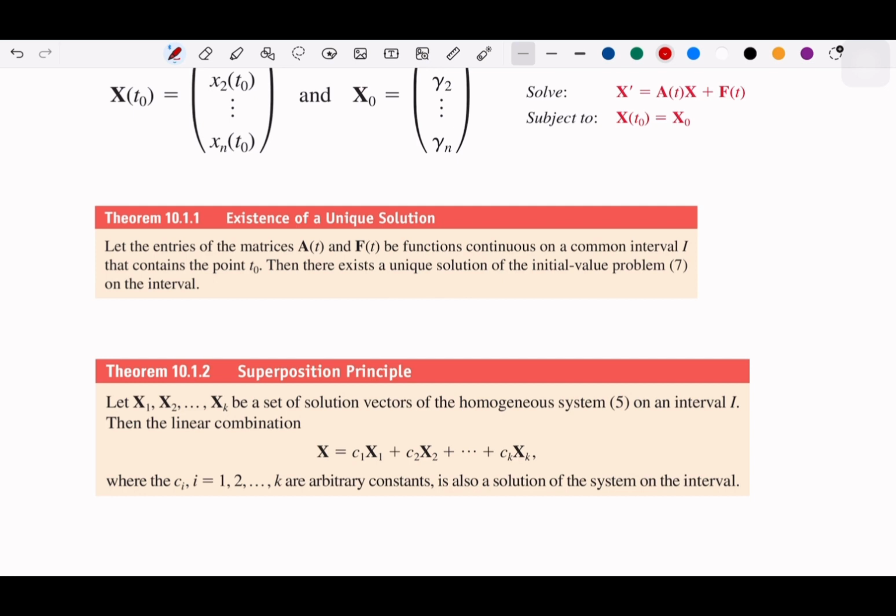For example, for the first order, you need to have one initial condition, right? If you have more, then you need more initial conditions, so that you have the unique solution. If not, then you will have some possible solutions and we don't really know which one is the one we are looking for.